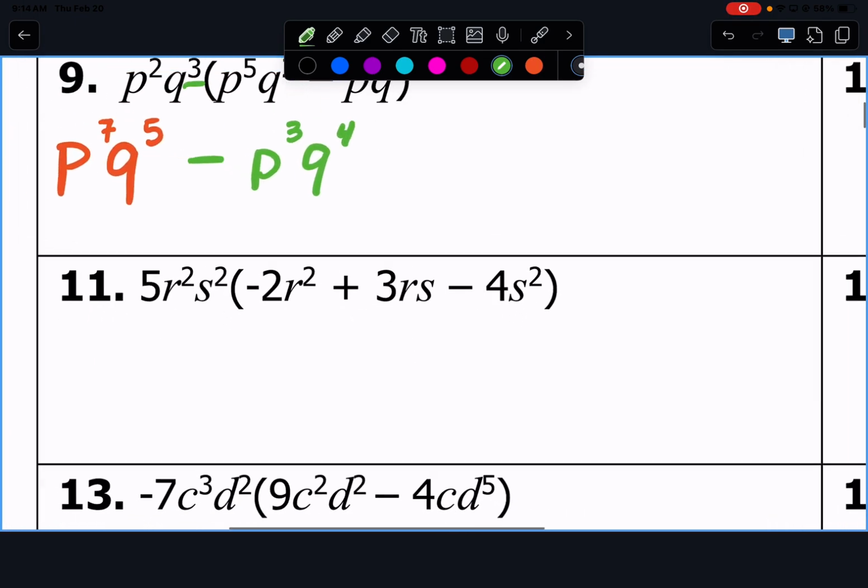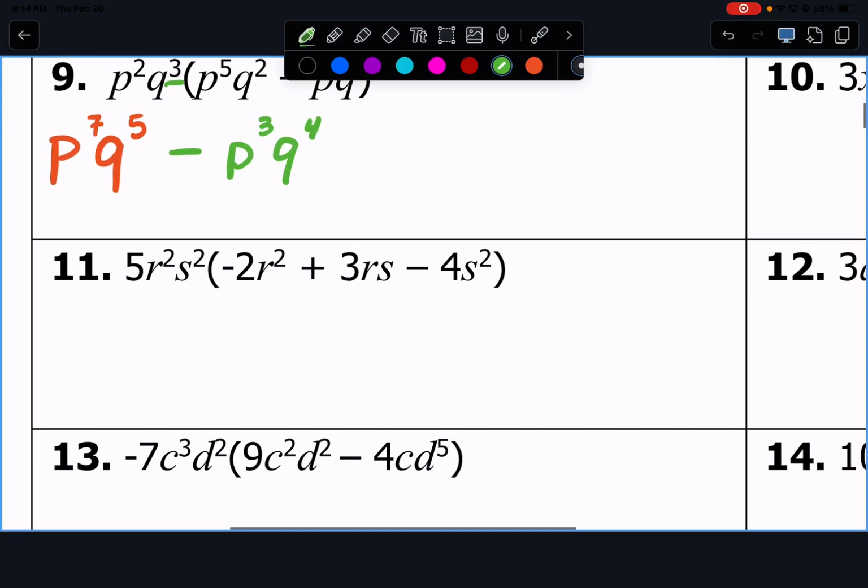All right, so for number 9, when we multiply, we really just multiply the terms that are similar and then add on anything that doesn't already have a pair with it. So what is 5 times negative 2? Negative 10. So we do negative 10, and then we're going to do r, and since this term doesn't have an s, we just bring down our s squared.